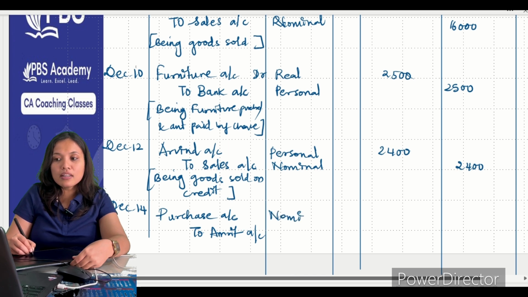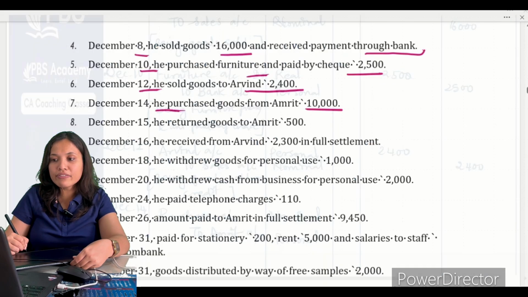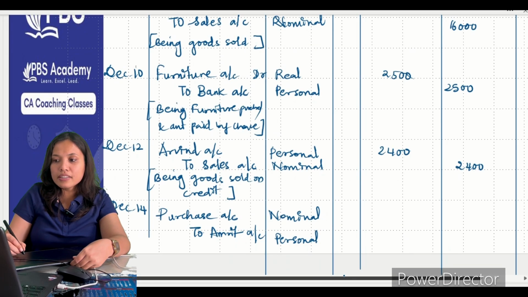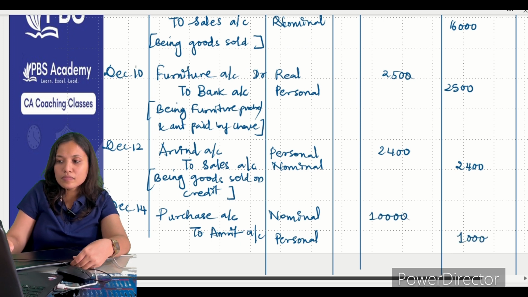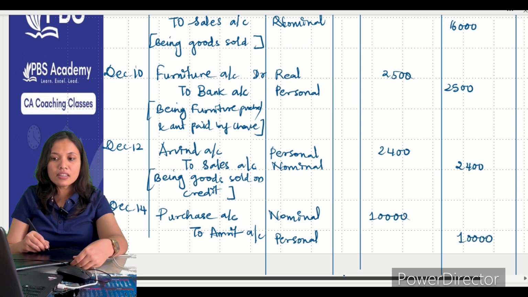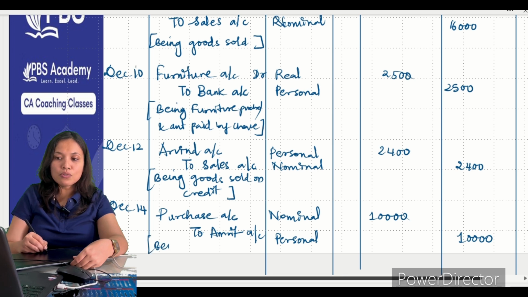Purchase is nominal, Amrit is personal. How much amount have we taken? 10,000. Are we clear? Write down narration being goods purchased.